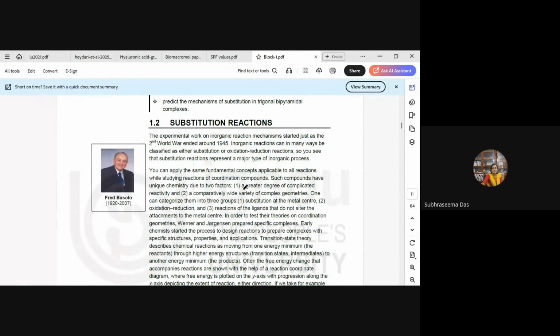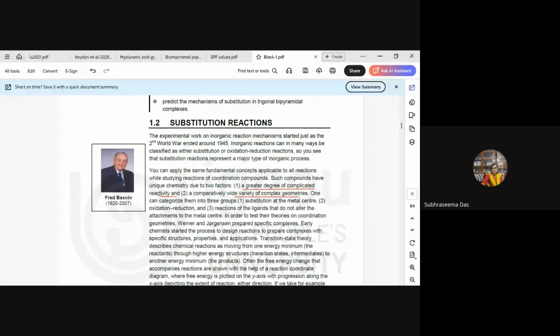The first is they have a greater degree of complicated reactivity, and second is they have a very wide variety of complex geometries. That is why we see a wide variety of inorganic metal complexes, plentifully available in literature.